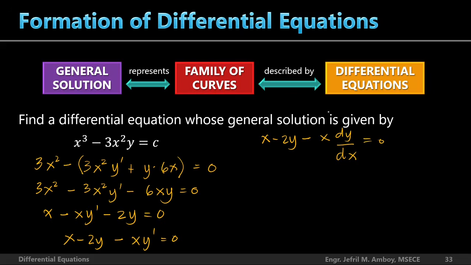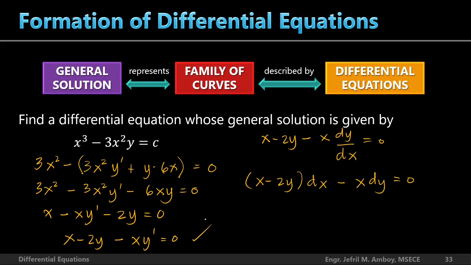So I can now multiply both sides by dx, so I can write this expression into its corresponding differential form. So I will have x minus 2y multiplied by dx and then minus x dy equals 0.